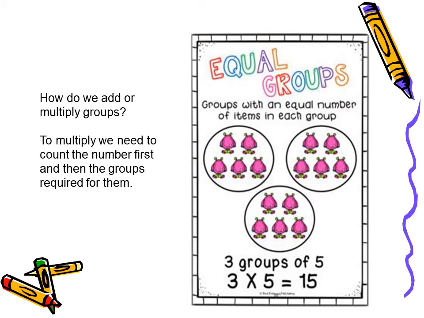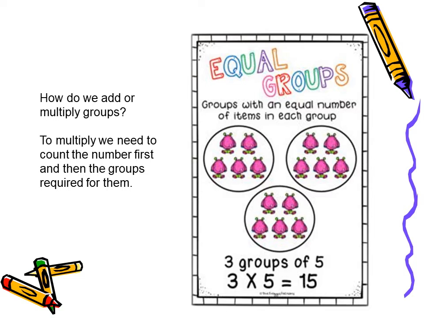For example, in this picture, you can see there are pink toys in each group, and the number of pink toys in each group is the same. We will be counting the number of toys in the first group, or the first circle. Let us count. Students, I expect you to please count it with me.